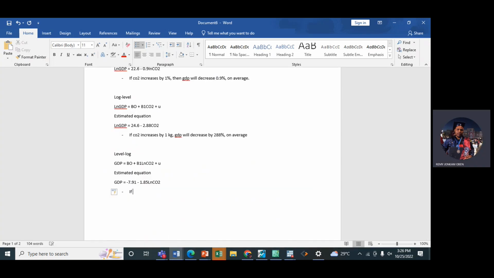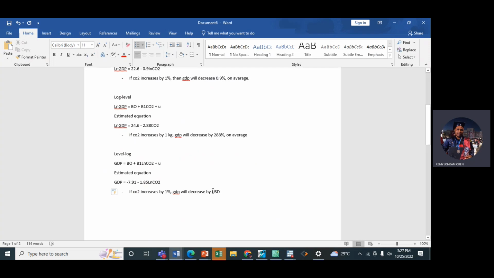So I'll say that if carbon dioxide increases by 1%, because carbon dioxide has a log, so we use percent, GDP will decrease, again decrease because here is negative. If it was positive, we'd say increase. So GDP will decrease by, we have to use the units of GDP here because there's no log, so we will say it will decrease by a certain number of US dollars.